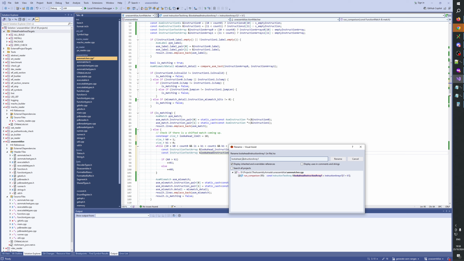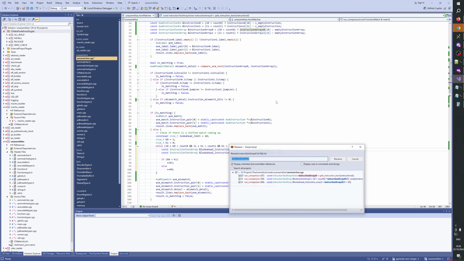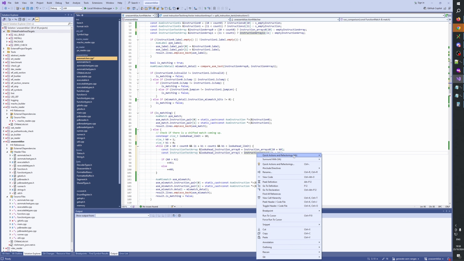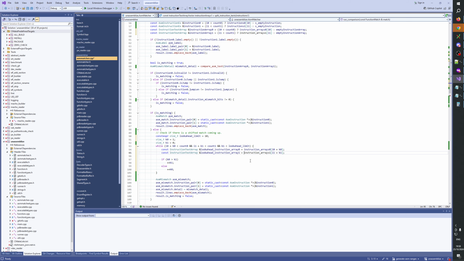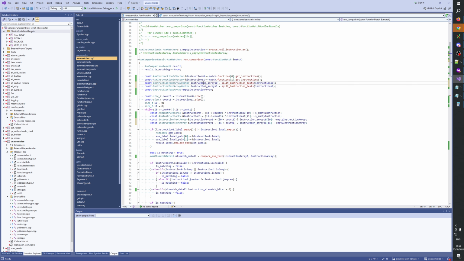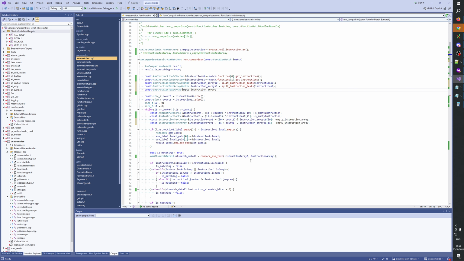Look ahead instruction array. Okay. Empty instruction array.